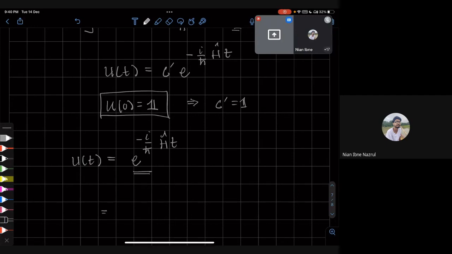What it means is this: it's a power series. The first term is just the identity operator.